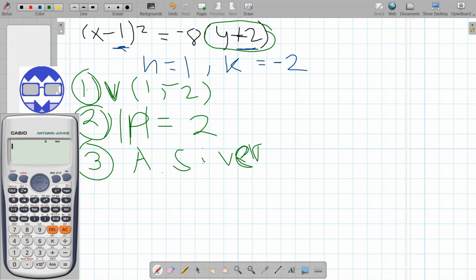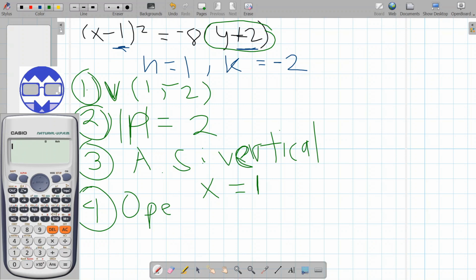So why is it vertical? Because it's y. And if it's vertical, it passes through x. Hence, the equation is x, and whatever is the pair of x is h. So x equals 1.